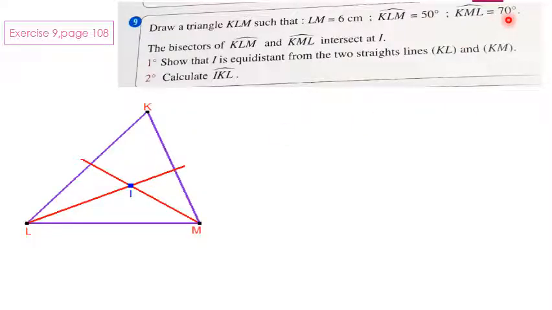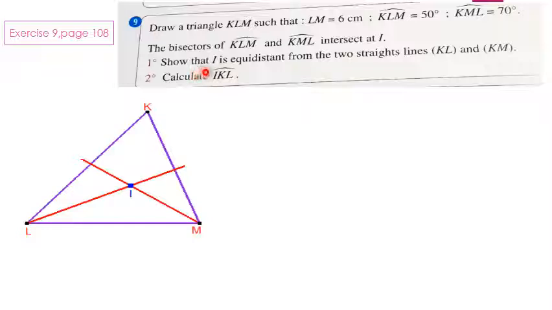Similarly, KML equals 70. To draw the bisector, you can draw it by your compass or by using a protractor. The half of 70 is 35, so put the 0 of the protractor on LM, and at 35, draw the bisector. These two bisectors intersect at point I.